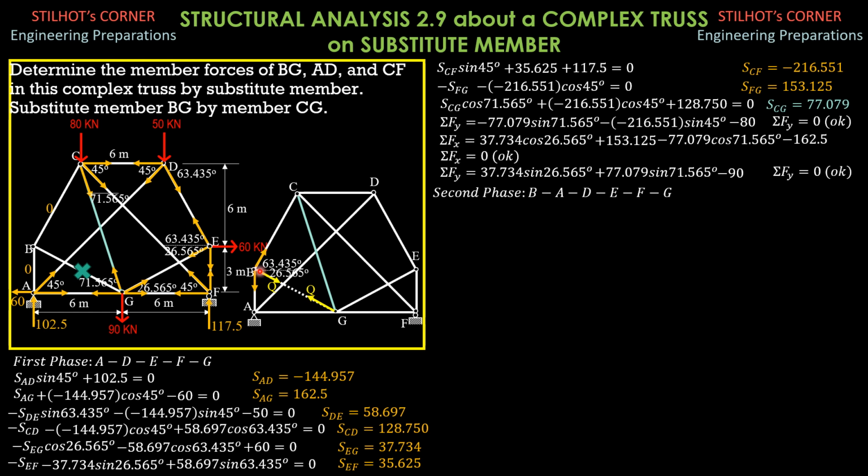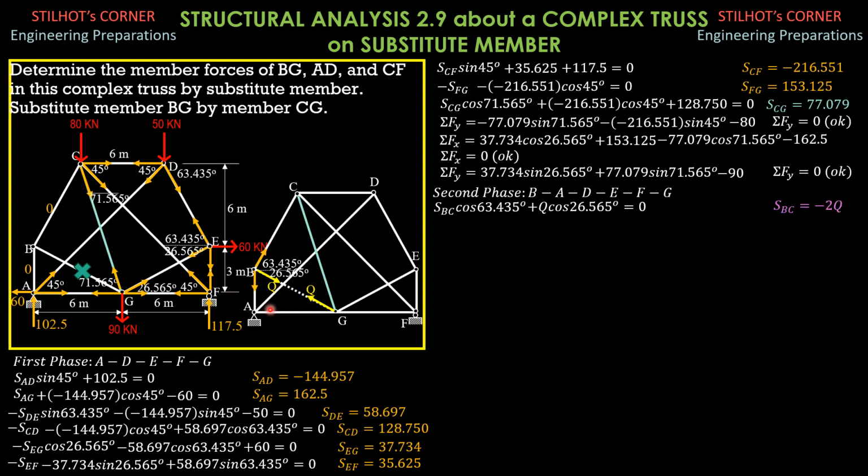So at B, these are the angles, call these SBC, SAB. So first, summation of forces horizontal to express SBC in terms of Q. So SBC cosine of 63.45 degrees plus Q cosine of 26.565 degrees equals 0. So SBC is equal to negative 2Q.